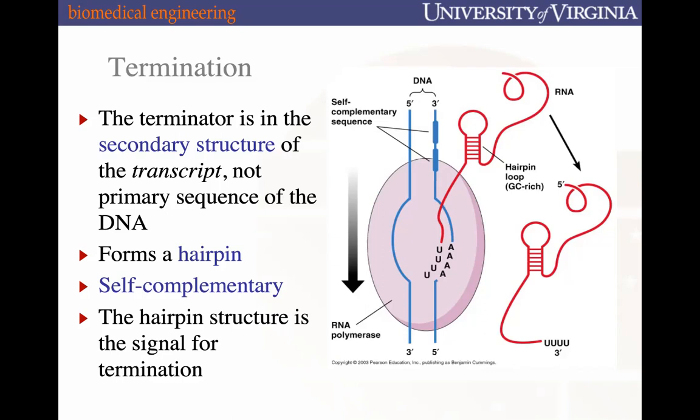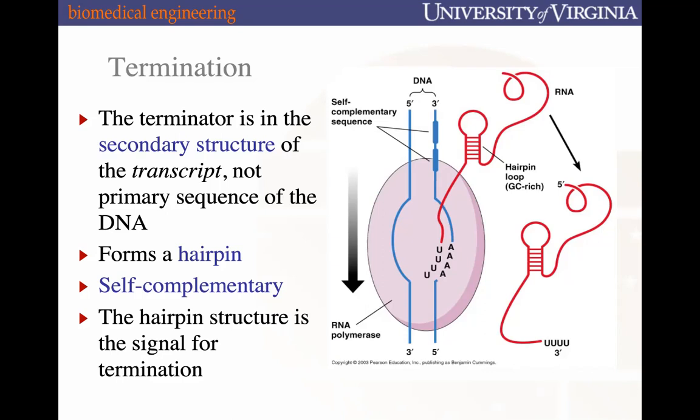This hairpin loop is going to be incredibly important in providing a biophysical signal to the ribosomes and RNA polymerase II to dissociate from the DNA to stop transcription. This hairpin loop is a secondary structure that exists within RNA. It's similar to the primary and secondary structure that we talked about with amino acids and proteins, where the primary sequence would be just the specific nucleotides within the mRNA transcript.